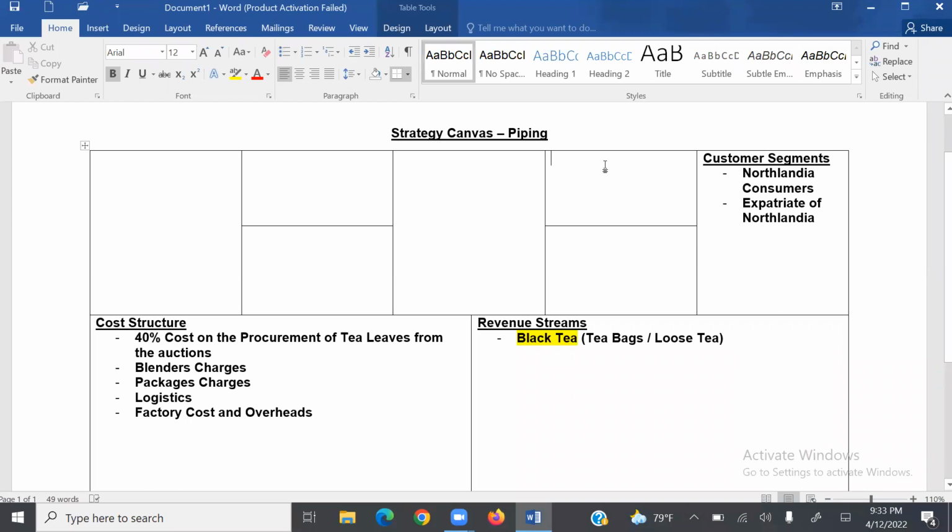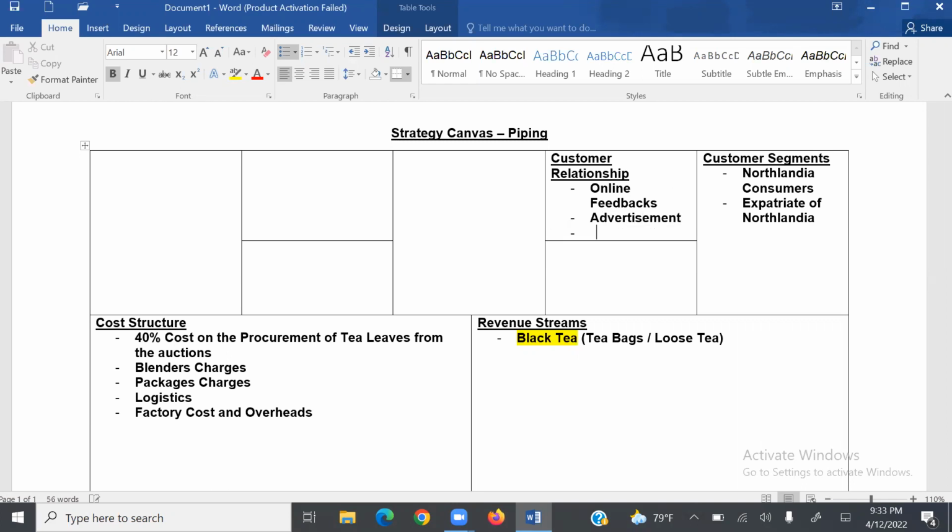The other point of view is the customer relationship. Every business will have its own tactics to manage the customer relationship. Here, they are managing it through online feedback. What do you think, Monica? Yes, sir, online feedback, and advertisements also.